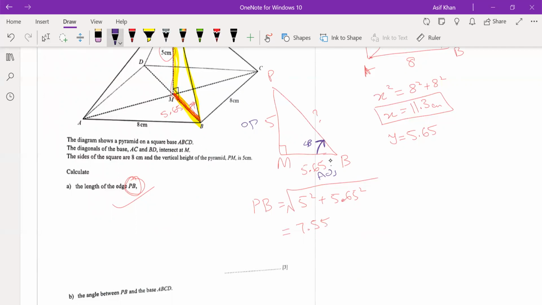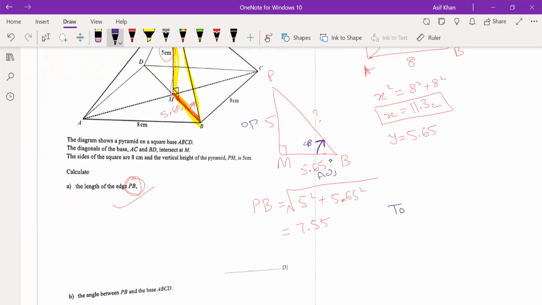What formula will we use for opposite and adjacent? Which trigonometric ratio will we use? Sir, opposite and adjacent, tan.